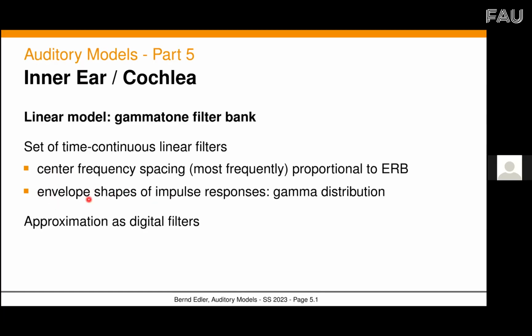The shapes of these envelopes correspond to functions you would know from gamma distributions, and that's why they are called gamma tone filters. When you have specified the parameters in the time continuous case, you can approximate them as digital filters with time discrete systems.